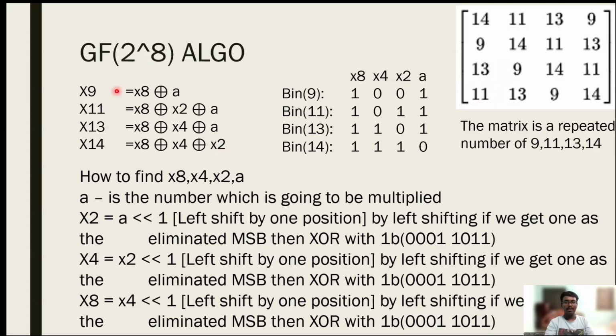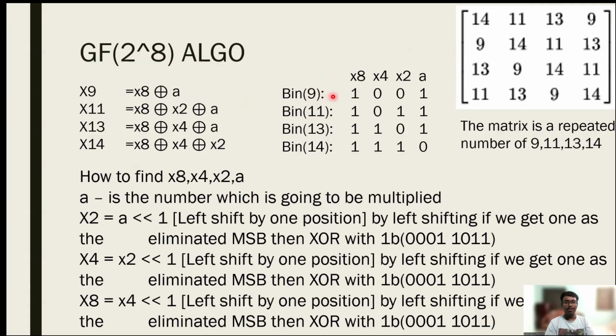You may ask, what are these numbers? I don't understand anything. It's just a simple thing. Take the number 9 and convert it from decimal to binary.